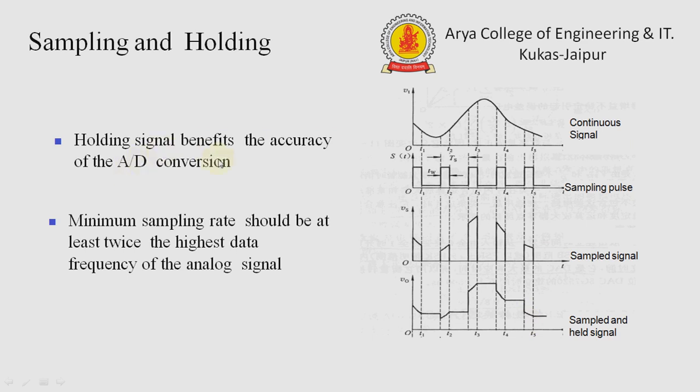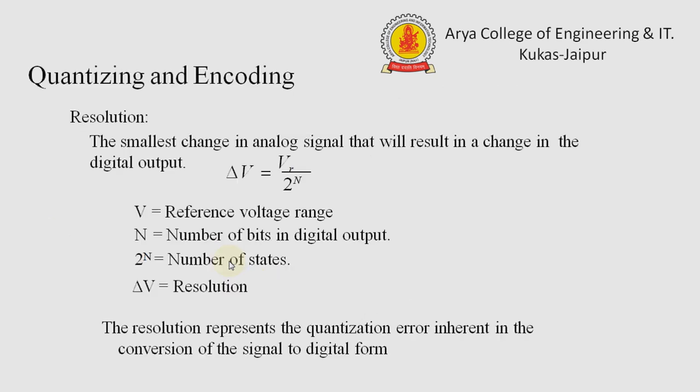Basically the holding signal benefits the accuracy of AD conversion because it holds signal levels, and the minimum sampling rate should be at least twice the highest data frequency of the analog signal. This is also known as the Nyquist criteria, or the sampling rate of the signal.